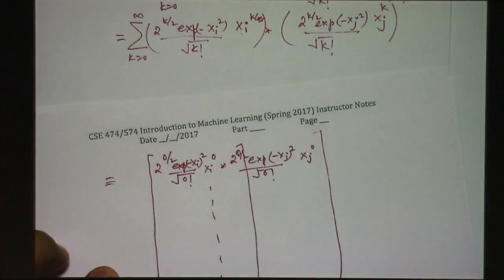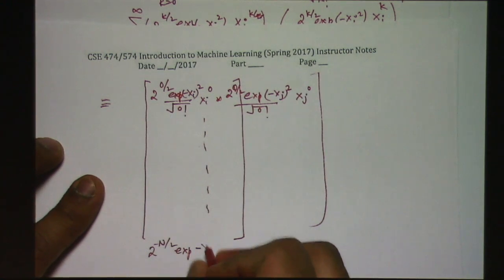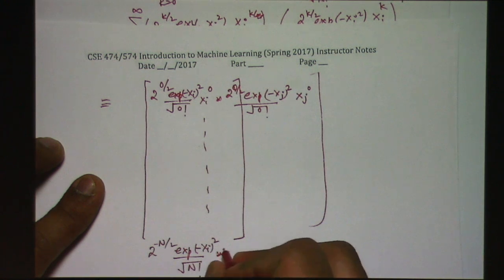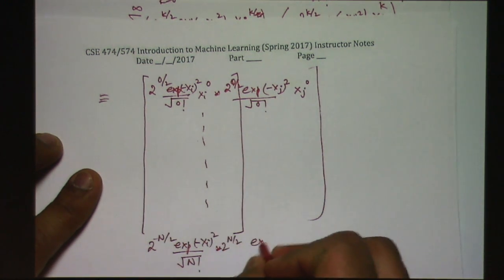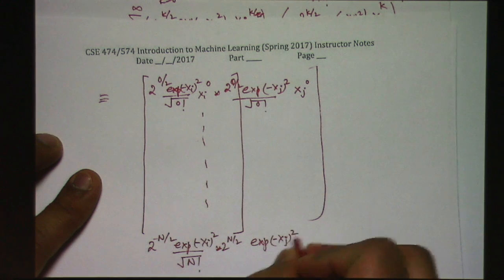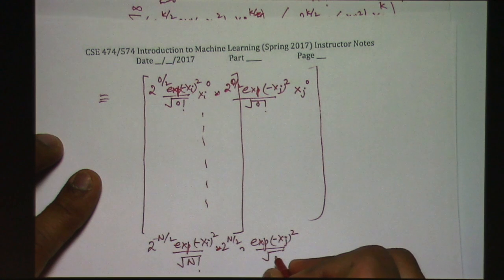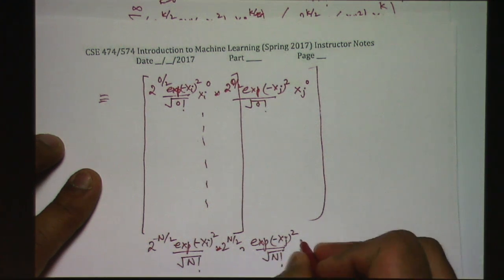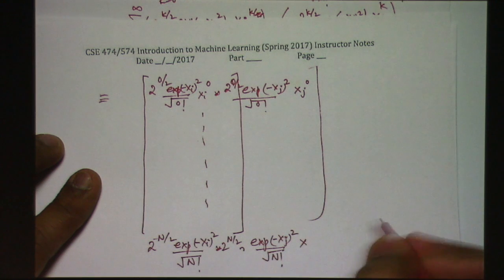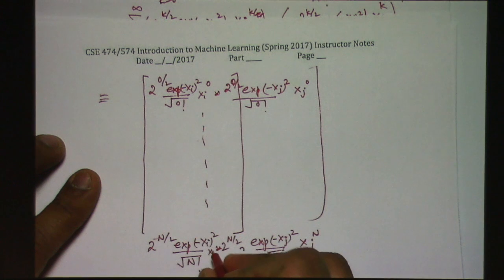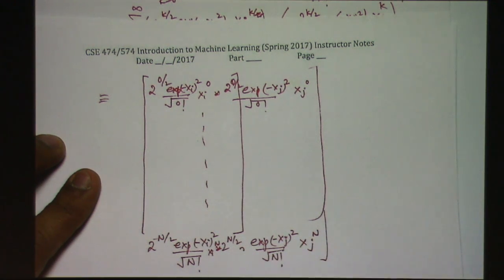So here it will be some very large number n, 2 to the power n by 2, xi to the power n and xj to the power n, and so on till infinity.